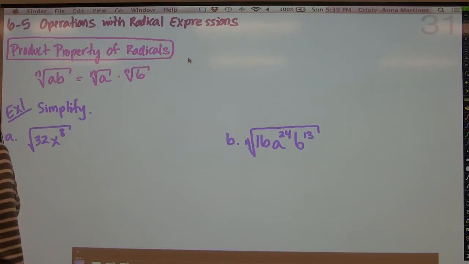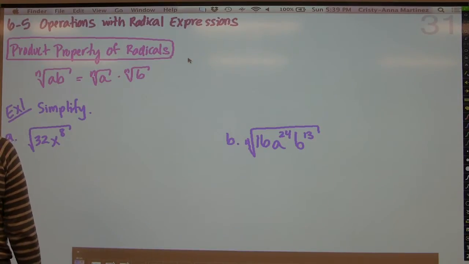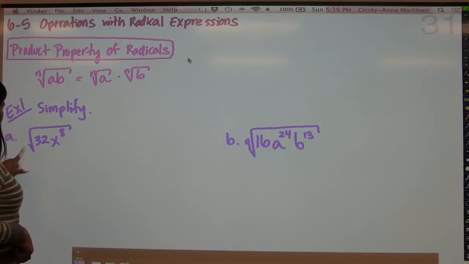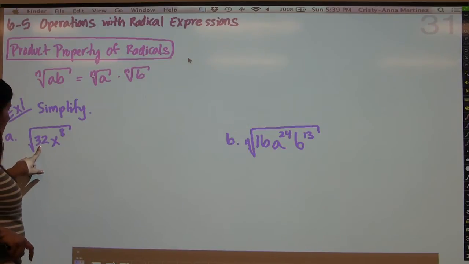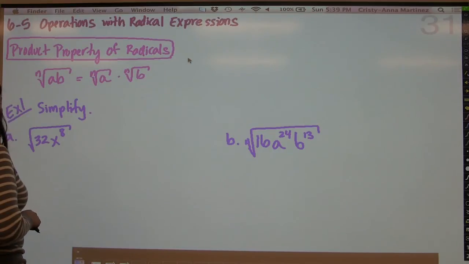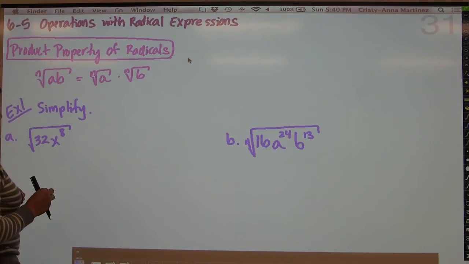It says, simplify the square root of 32 times x to the 8th. What we can do there is, you'll recall that whatever the index is, in this case the index is 2, you want to rewrite everything underneath the radical, which is called the radicand, into groups where they're all squared.